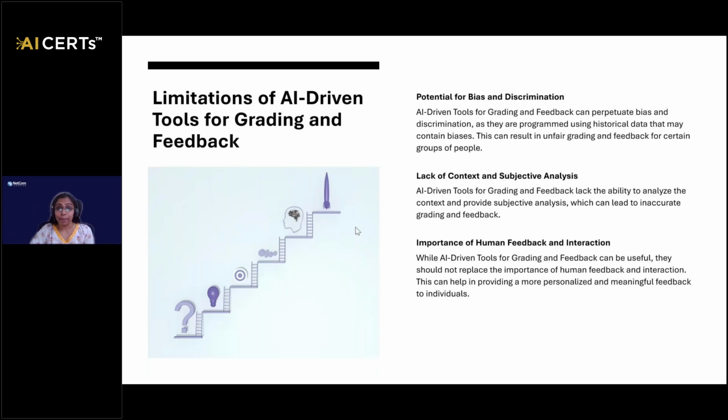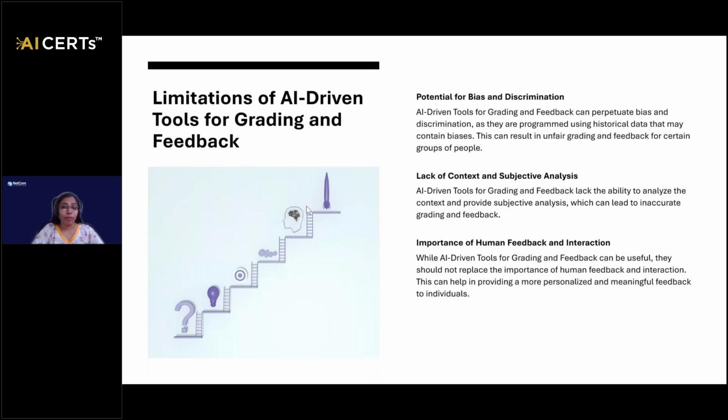Don't forget to see where your human involvement, your human feedback, interactions are important. You can use it as a start, but of course, you need to continue. You need to complete it. So, all these limitations can be covered, all these gaps can be filled with your human touch.